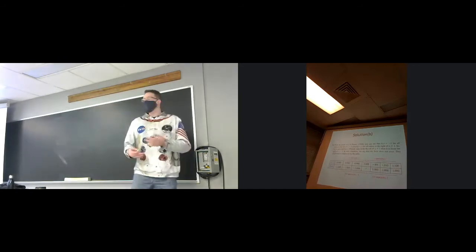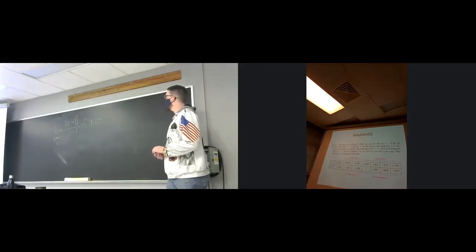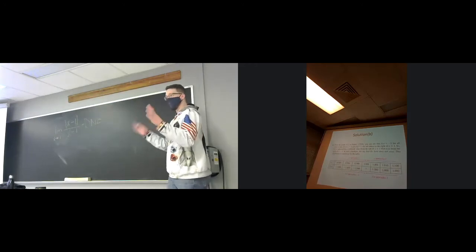And in this case, we would say that the limit as x approaches 1 of the absolute value of the quantity x minus 1 divided by x minus 1 does not exist. The reason why is because from the left and the right, we don't agree. If we agreed, we would say it does exist.